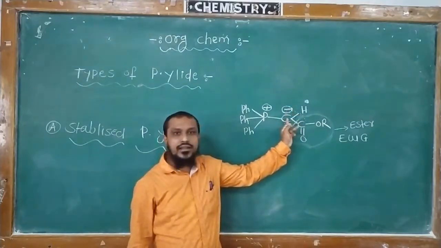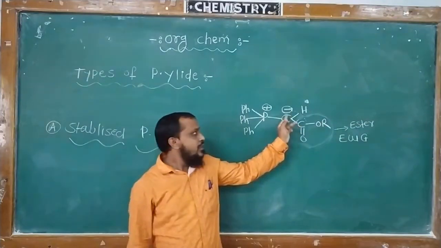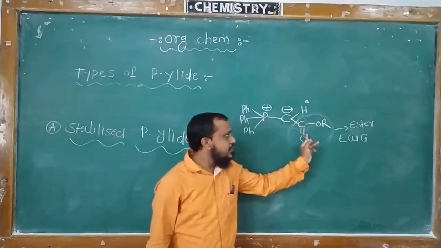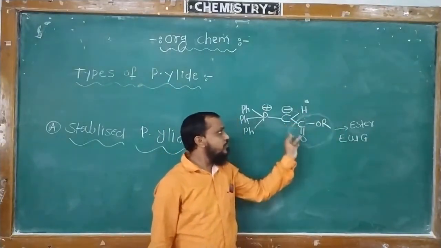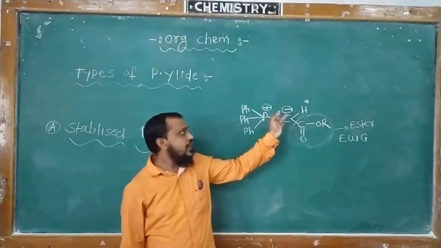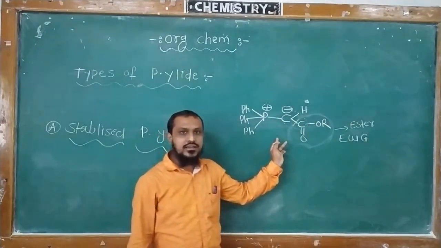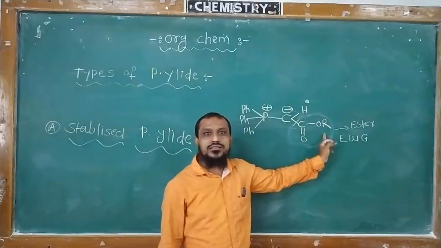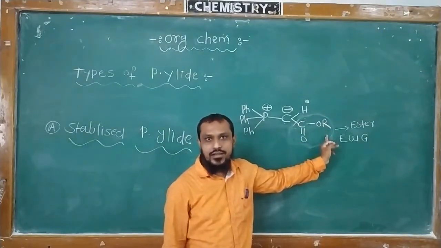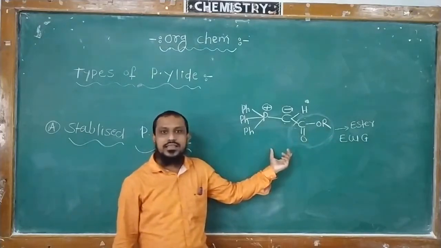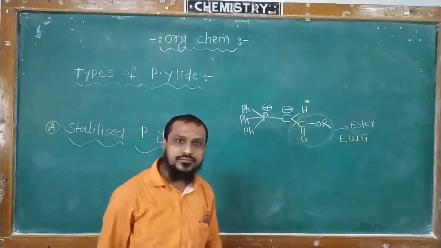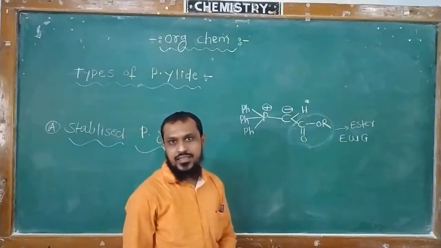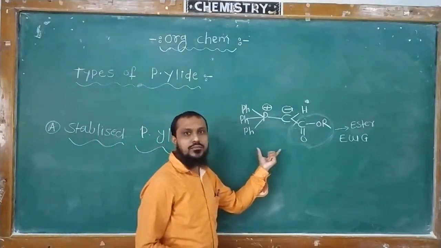When the nucleophilic carbon atom in a phosphorus Ylide is attached with the electron withdrawing group by resonance or inductive effect, then it is called as stabilized phosphorus Ylide. Okay, so this is the type of stabilized phosphorus Ylide.